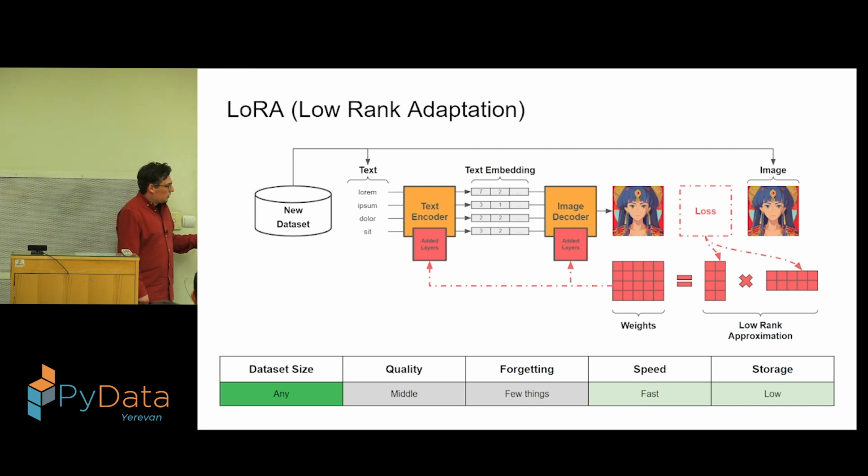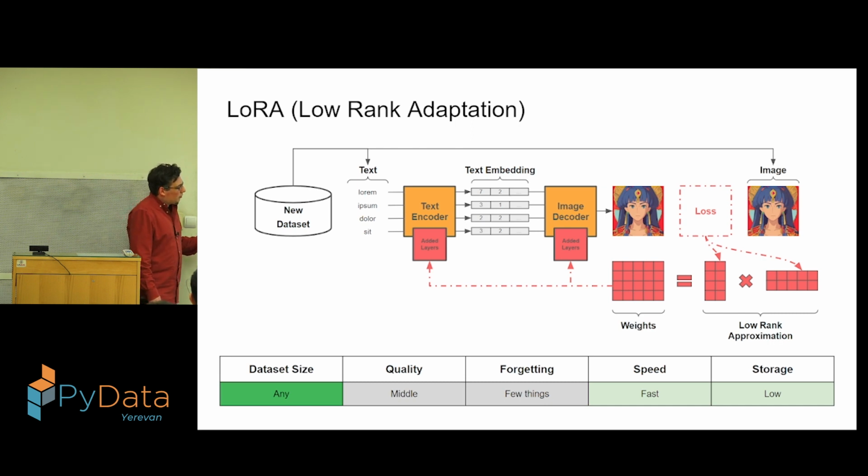It's not necessarily bad quality, but this is less than in the previous cases. About the forgetting, it still forgets something, but not very much. So these are again a few things. And in terms of speed, it's very fast because you are doing this trick with the low rank adaptation.